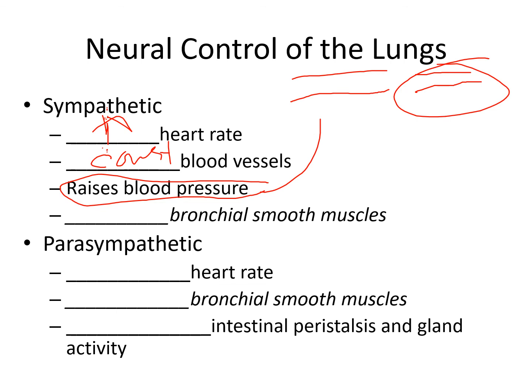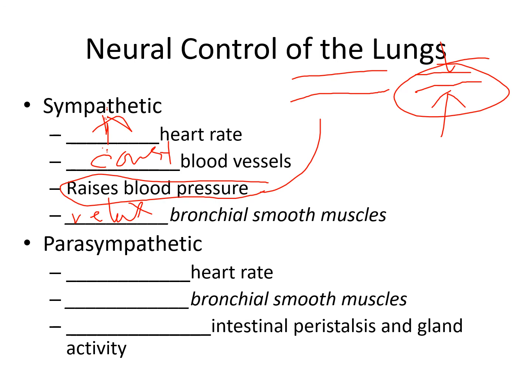It increases, right? Because I made this lumen or the hose diameter smaller, right? So that's going to increase blood pressure. That's going to ultimately help send more blood to where it needs to go. And then it will relax or dilate bronchial smooth muscle.